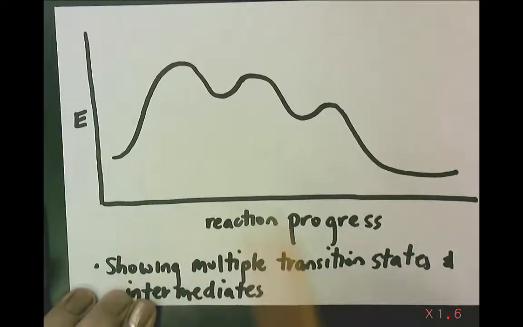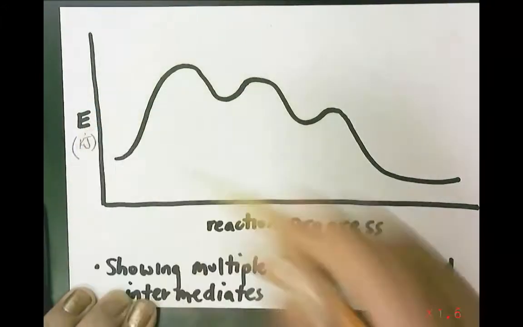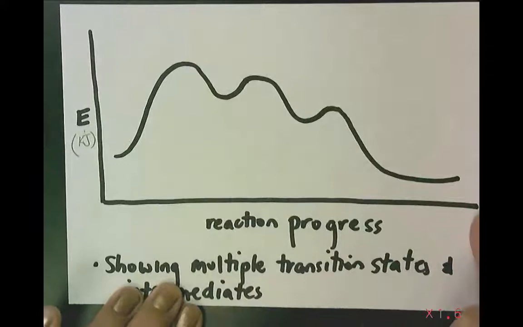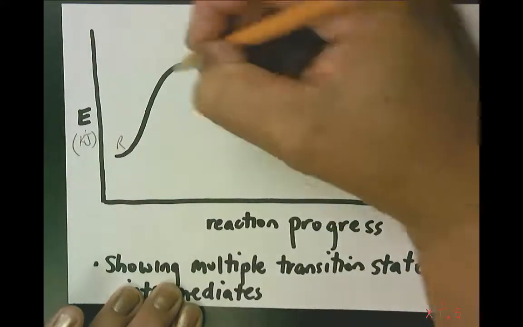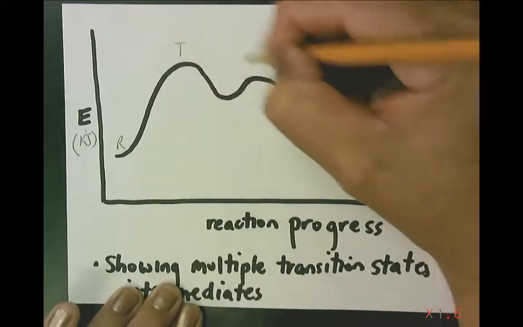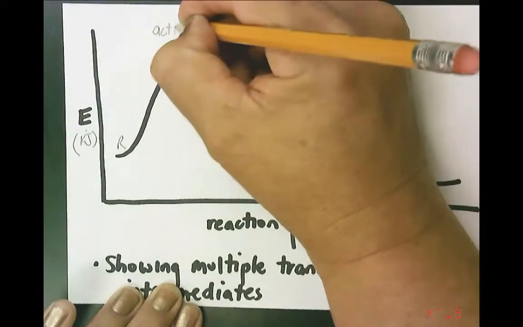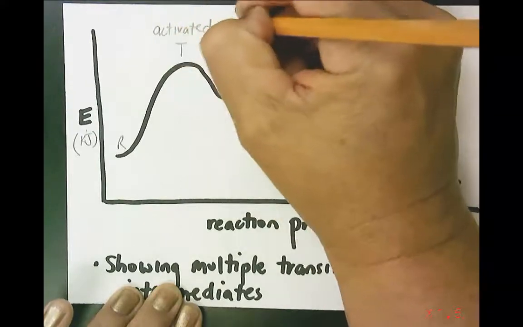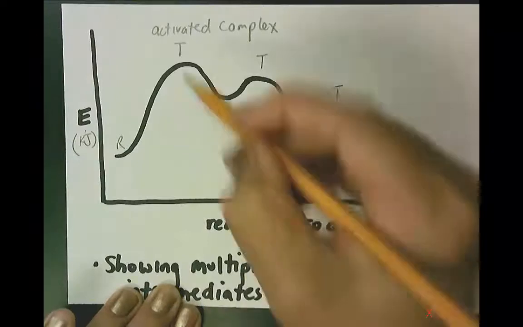Okay, so we have our energy. Units would be kilojoules. Reaction progress, so from reactants to products. And then here are our transition states or activated complexes, that's another vocabulary term. Or transition state.